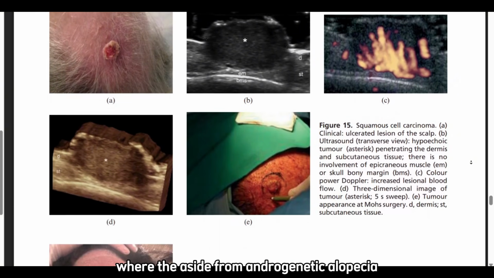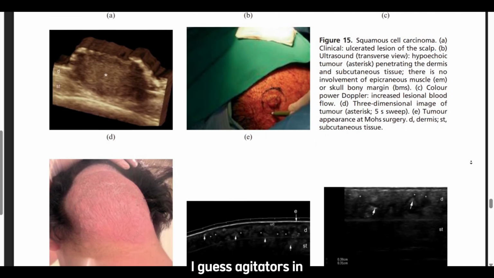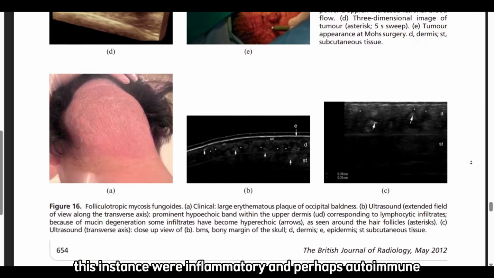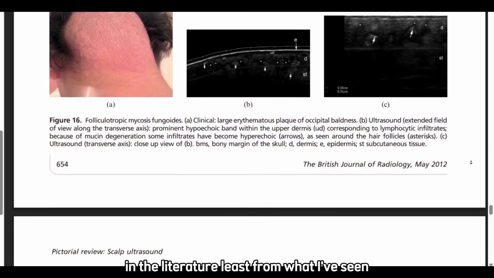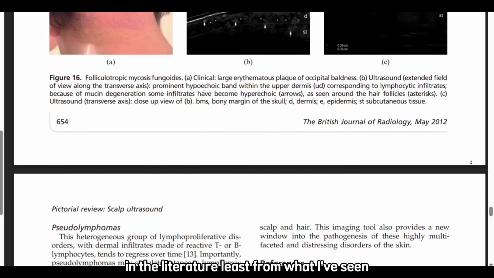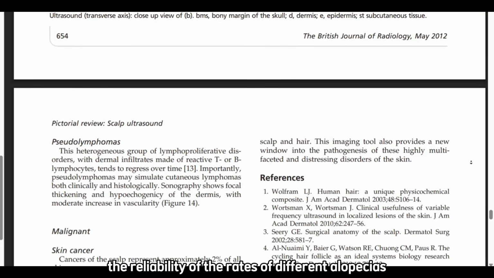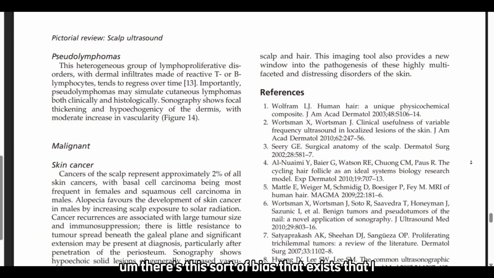Where aside from androgenetic alopecia, the other alopecia agitators in this instance were inflammatory and perhaps autoimmune, right? And in the literature, at least from what I've seen, there isn't reliability in the rates of different alopecias.